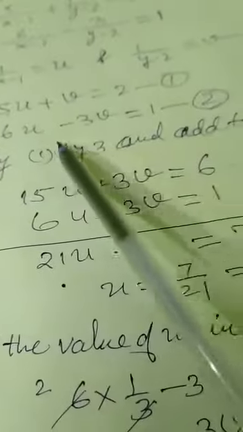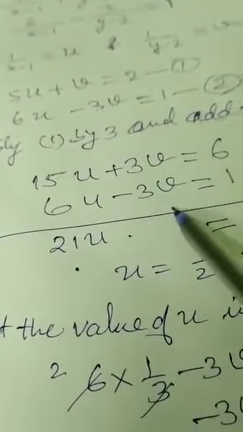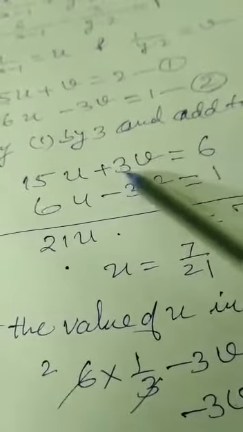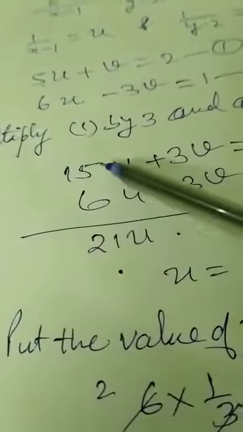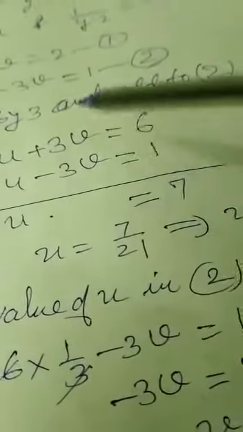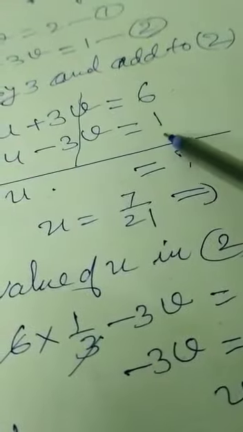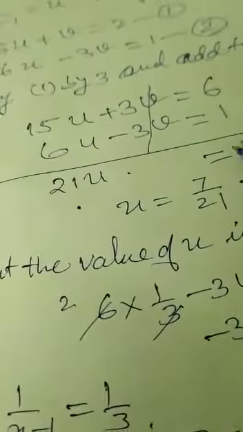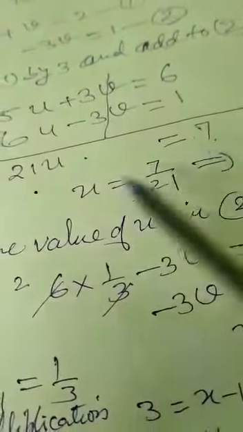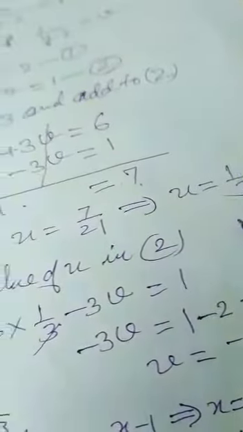There is no multiplication in the second equation, so 6u minus 3v is equal to 1. Add together: 15 and 6, 21u; plus 3v and minus 3v cancel out; and 6 and 1, 7. So u is equal to 7 by 21, so u is equal to 1 by 3.